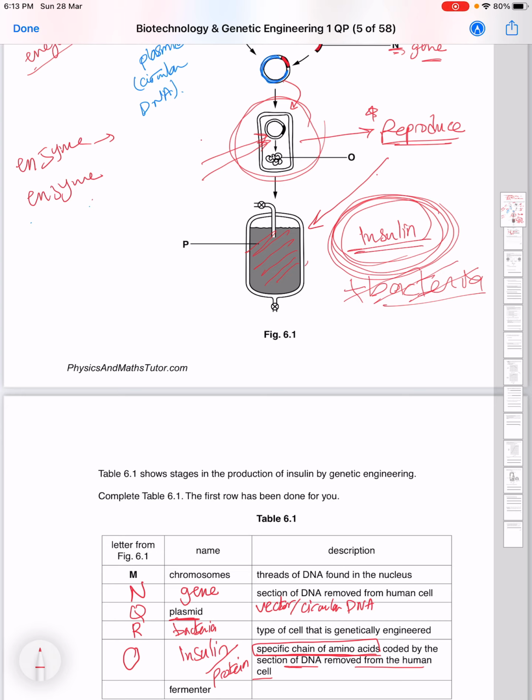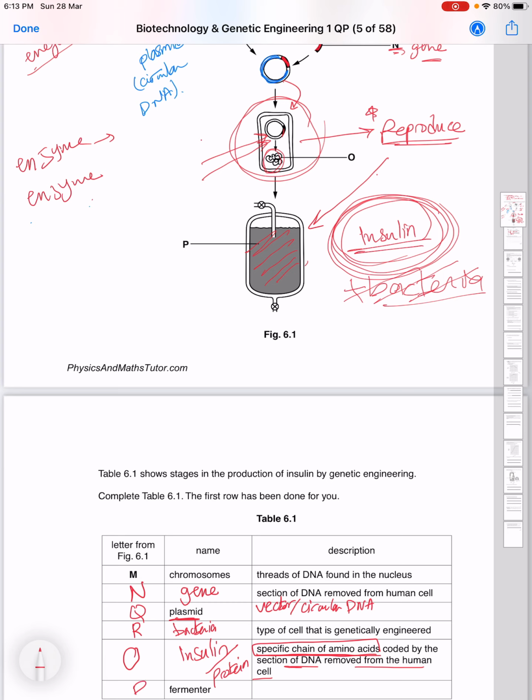Basically here, guys, it's just showing you, maybe I did not refer to this, this is the insulin protein. It comes out after the cell processes this insulin gene, and it will make the insulin itself. Remember always the book of recipe. Where is the fermenter?